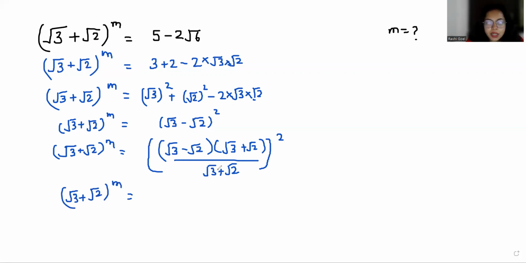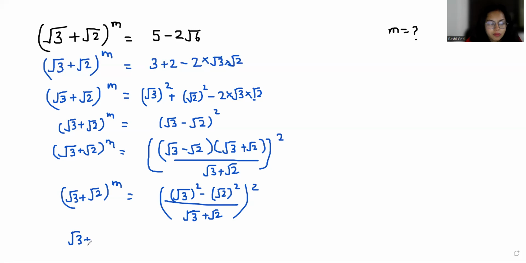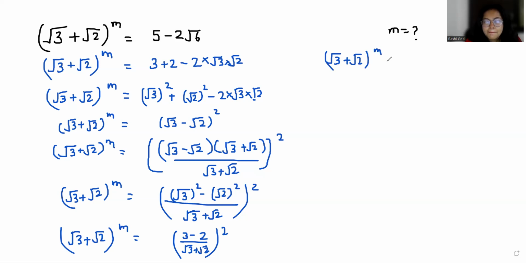Now in the numerator it becomes the identity (a + b)(a − b), which is a² − b². So (√3)² is 3 and (√2)² is 2, by (√3 + √2) whole square. So 1 by (√3 + √2) whole square.